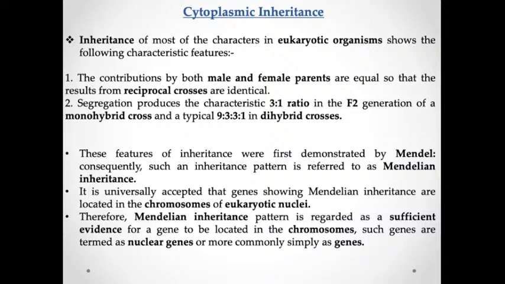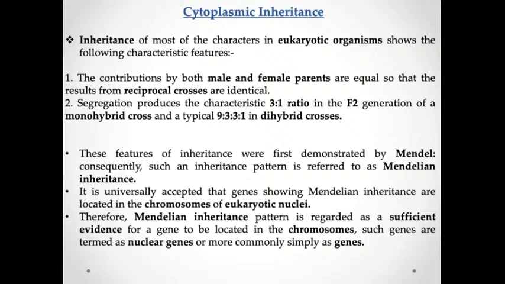So let's start with cytoplasmic inheritance. Inheritance of most characteristics in eukaryotic organisms shows the following features. There are two kinds of features. One is that the contribution by both male and female parents is equal, so the results of reciprocal crosses are identical.